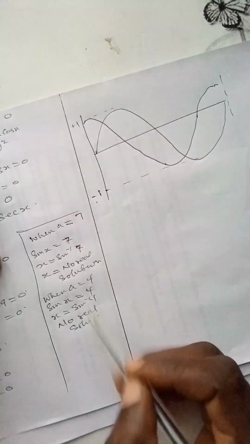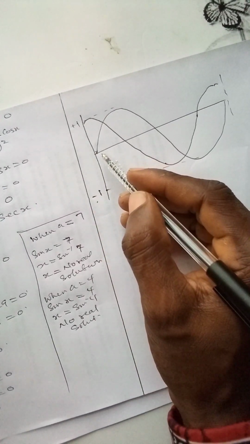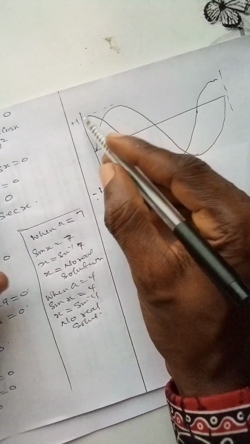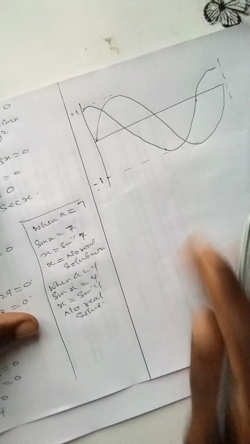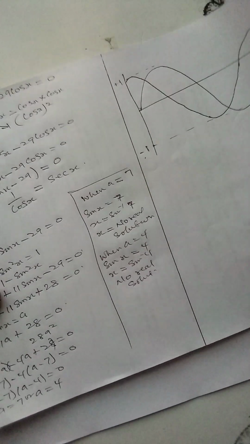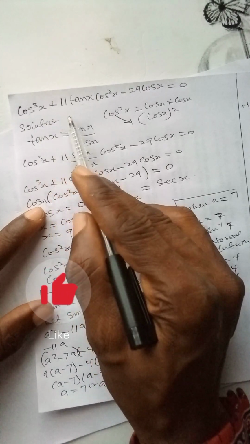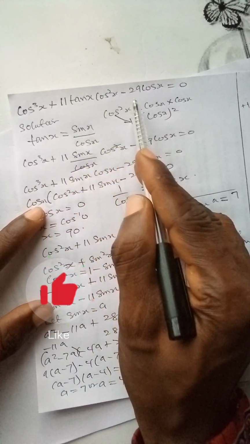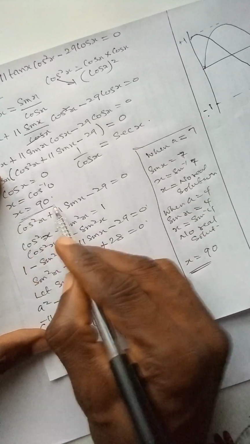So 7 and 4 are not within. Also for cos x, the graph is from plus 1 to minus 1, which are the range of value. So the answer or the solution to this problem, which is cos 3x plus 11 tan x cos squared x minus 29 cos x is equal to 0, is x is equal to 90 as we have it in this case.